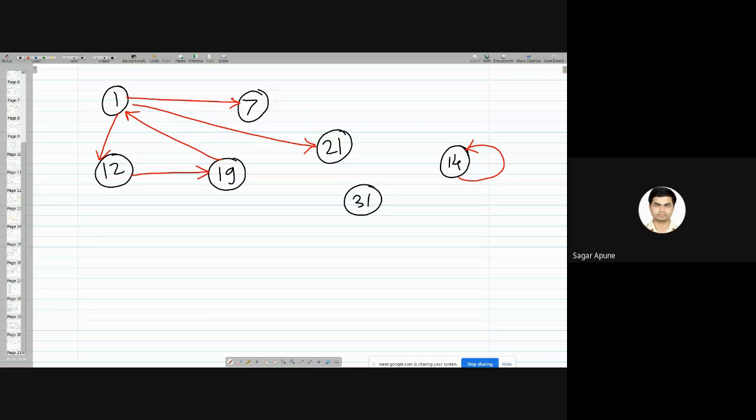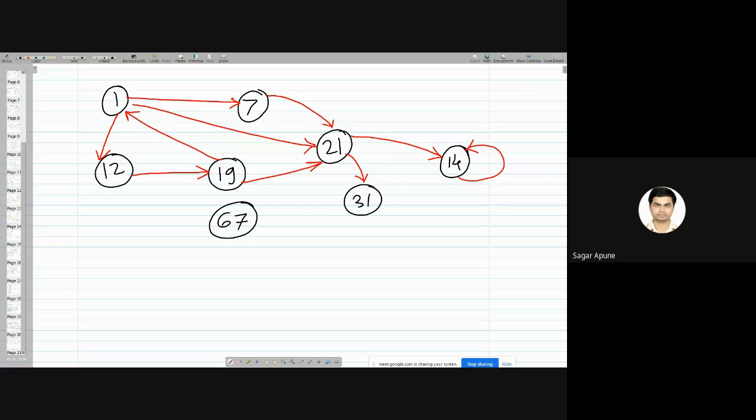Then 7 to 21 connection. Then 31 connected. Then 14 connected. 19 to 21 connection. Okay. And again, there is a single node 67.